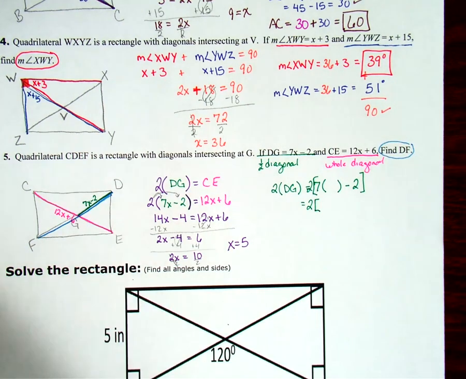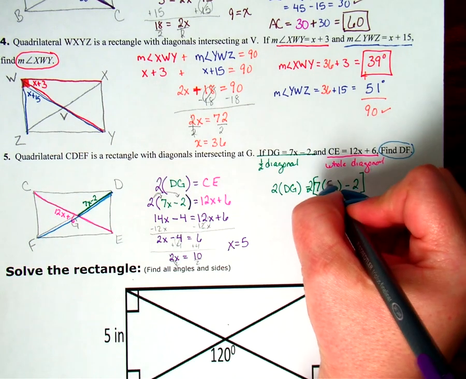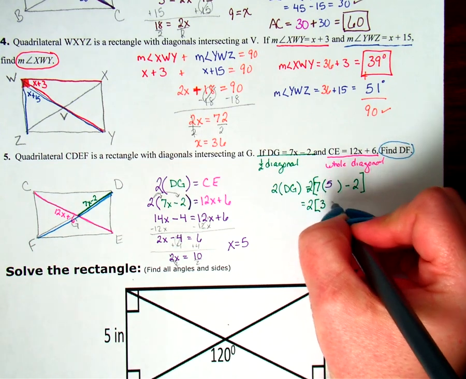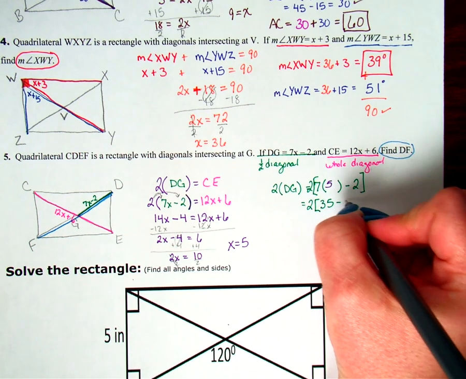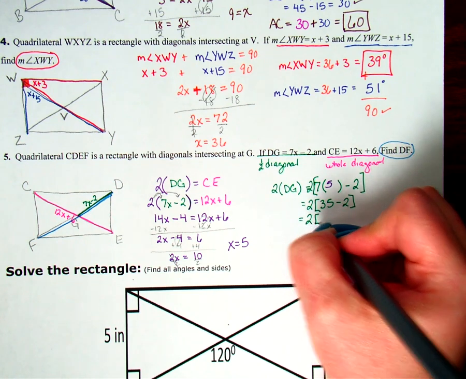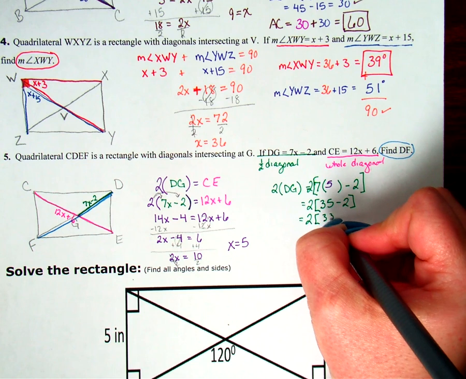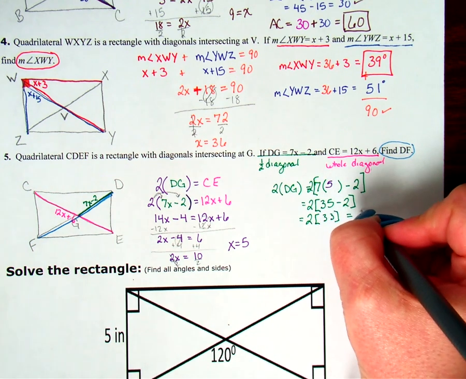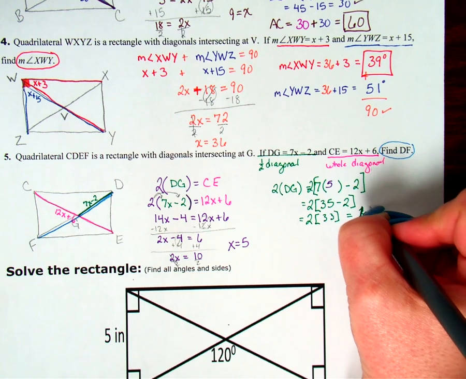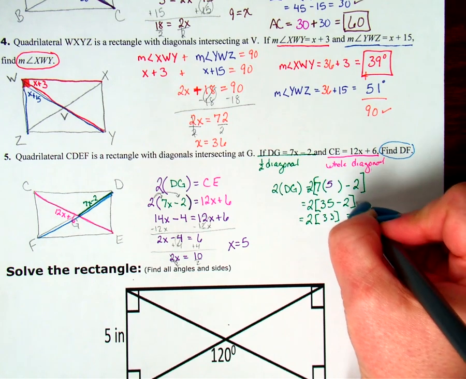X we found to be 5. So 7 times 5 is 35. Minus 2. So that's going to be 2 times 33, which is 66. So that should be my answer.